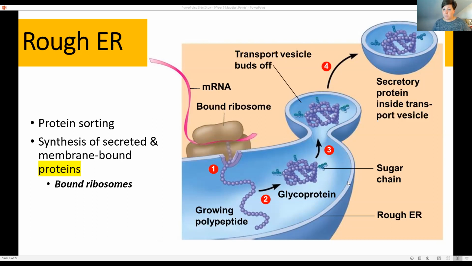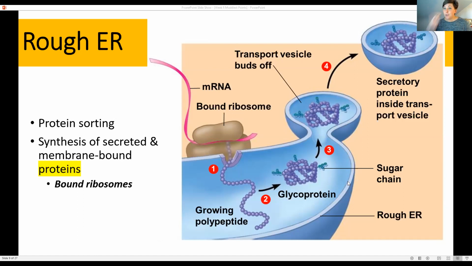So if you remember from the lectures, ribosomes make protein, right? They take mRNA that's created in the nucleus, and they turn it into proteins. So we haven't talked about transcription and translation yet. We'll get there in a couple weeks. But basically, ribosomes take mRNA that's made in the nucleus and turn it into protein.